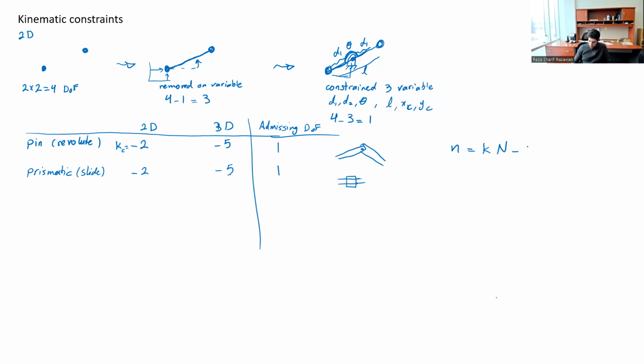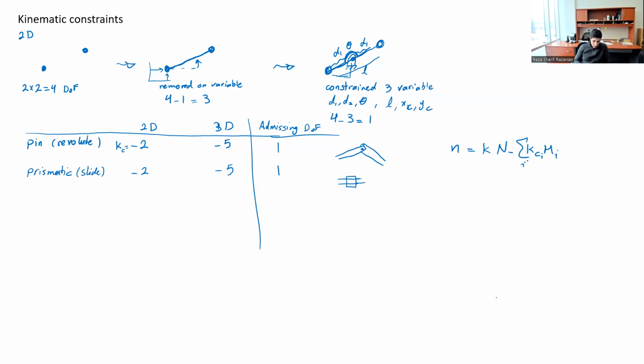By addition of each joint, you have m joints, and each one restricts this kc number of degrees of freedom. And you may have different types of joints, so that's a summation over all your joints. You can start subtracting degrees of freedom according to the construct of the joint.